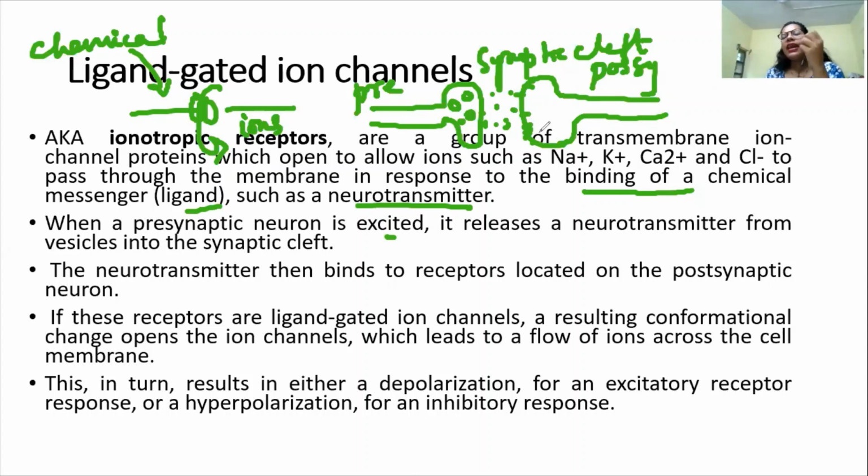From here, Na+ or K+ or calcium 2+, depending on the chemical signal, will cross the membrane. The neurotransmitter binds to the receptor on the postsynaptic neuron, resulting in a conformational change that opens the ion channels and lets ions flow across the cell membrane.